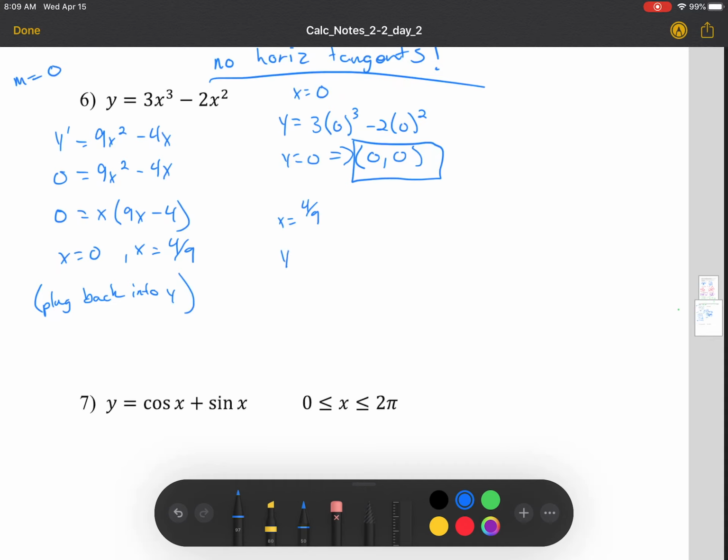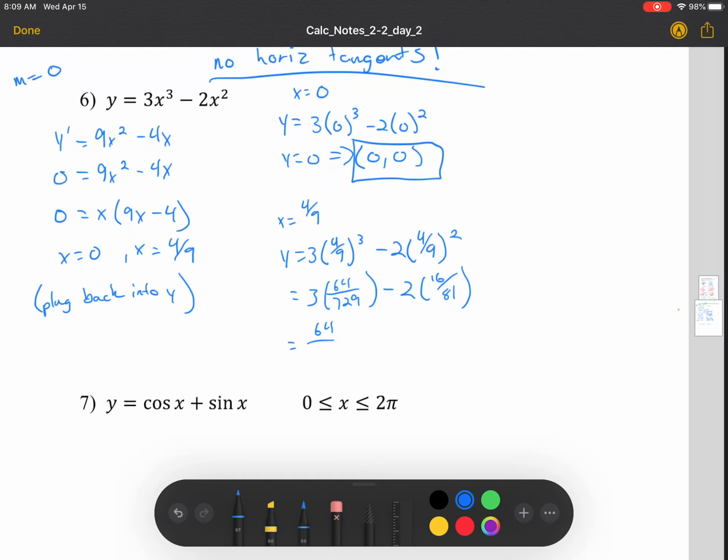So now for x equals 4/9, we have y equals 3 times (4/9) cubed minus 2 times (4/9) squared. Okay, we're gonna do a little simplification. You get 3 times, I think, 64 over 729 minus 2 over 81.